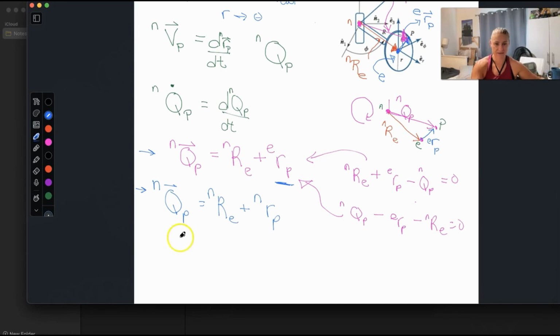So let's go ahead and first write, what is big R, what is RE? And let's represent it in both the E frame and the N frame, and let's just see what we get. If I look at this R vector here, this R vector is parallel. It's on the same line as ER.